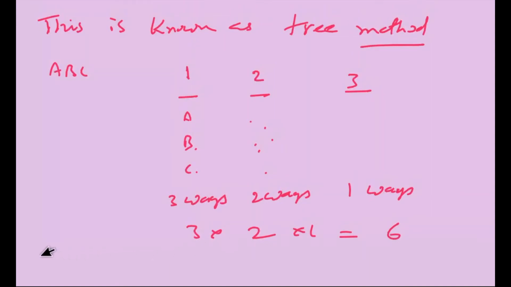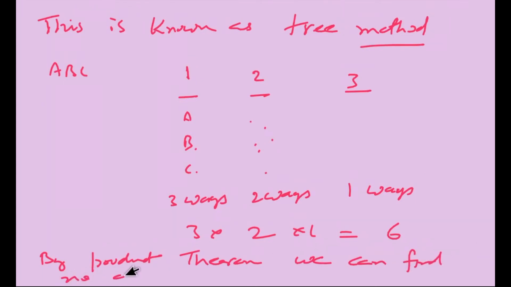It is the multiplication, or product. So by the product theorem we can find the number of ways or permutations.